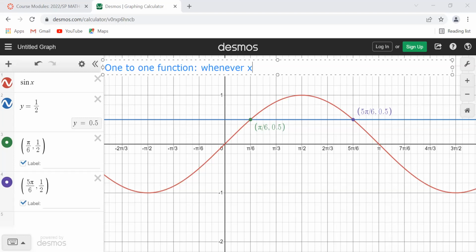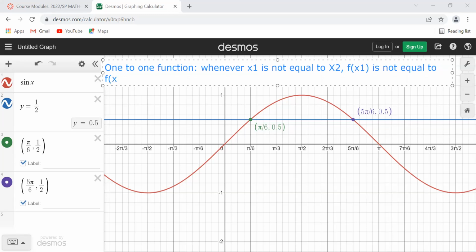Whenever x1 is not equal to x2, f of x1 is not equal to f of x2. Whenever.